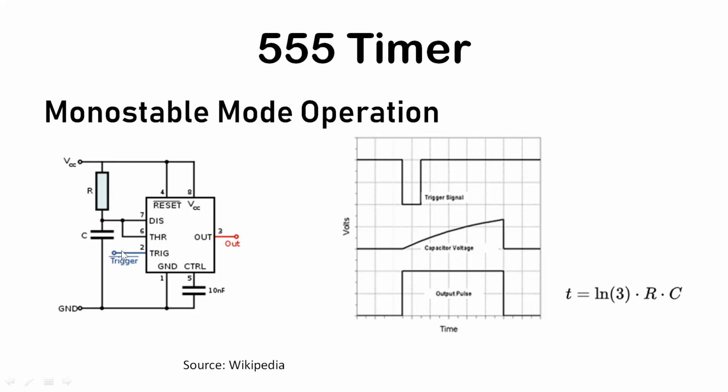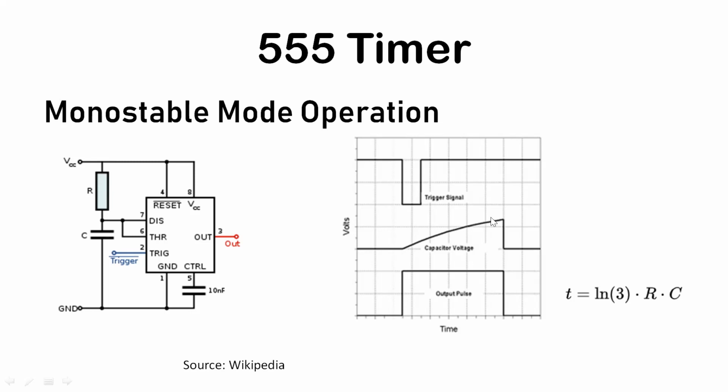For some time instant, you connect pin number 2 to ground. You can connect one switch at pin number 2: when you are not pressing the switch, pin number 2 will be at VCC, some high voltage. If you press the switch, pin number 2 will be connected to ground, and the circuit will be triggered. When the circuit is triggered, the output will be high.